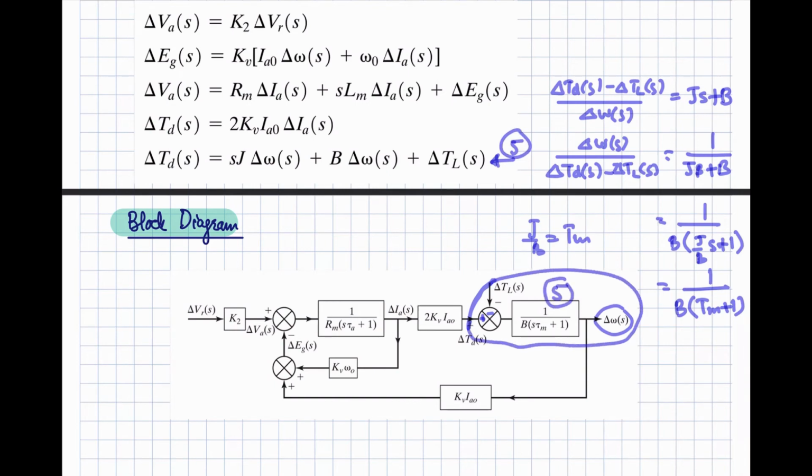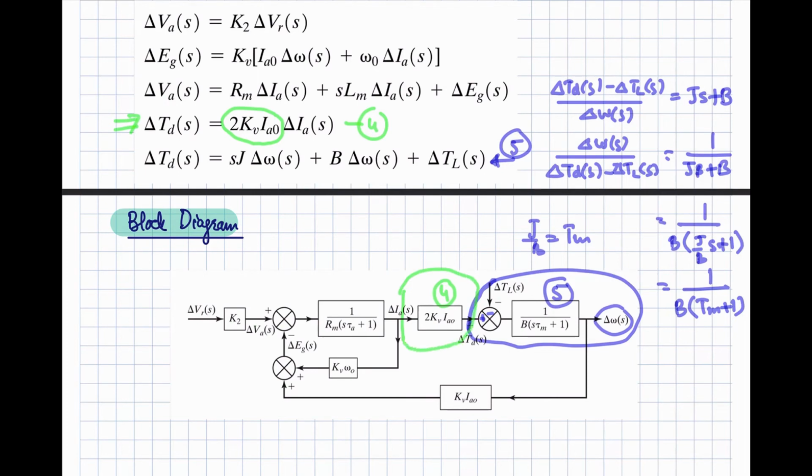worked out for this part of the control diagram, and then using this equation 4, from this current IA, if you multiply it with 2 kV into I naught, that is this transfer function, you will get delta TDS.